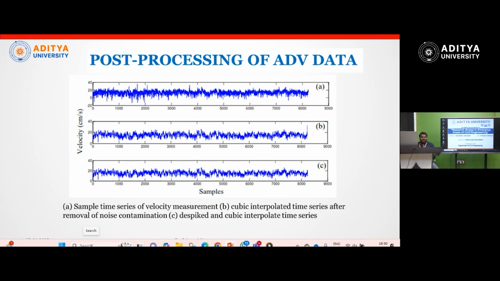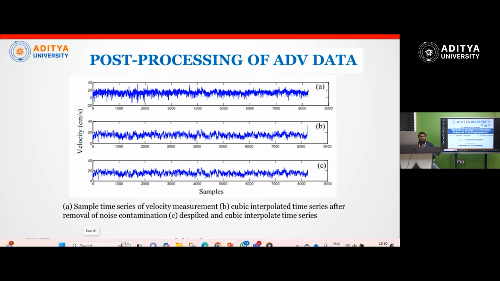But in the case of acoustic Doppler, there is so much noise. It not only detects the velocity signal, it also detects unwanted signals. So many unwanted signals are also detected in the instantaneous velocities.